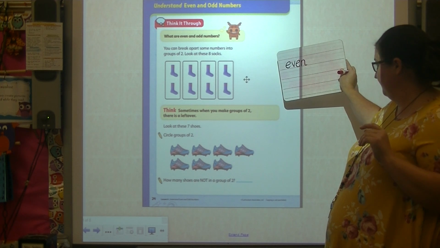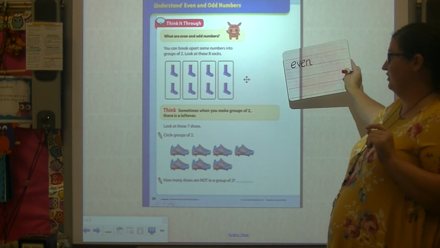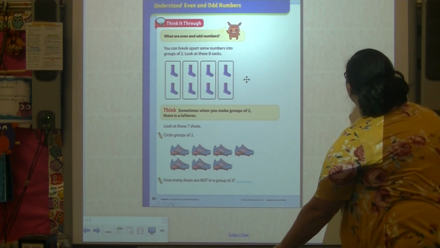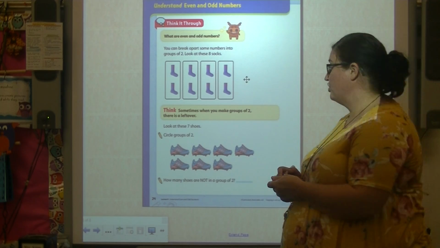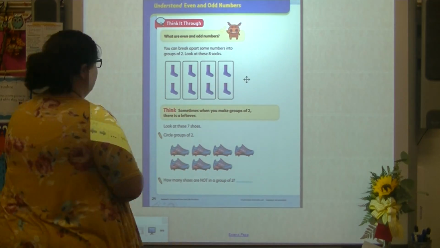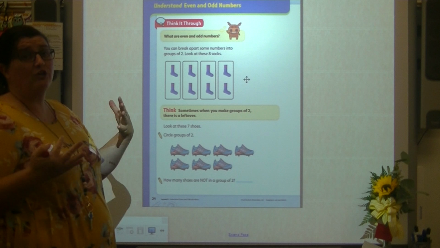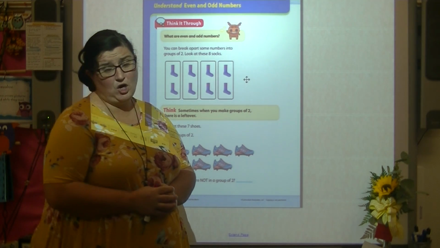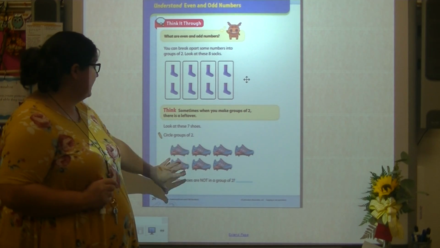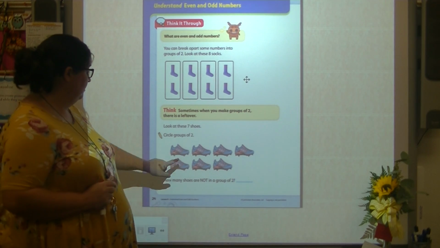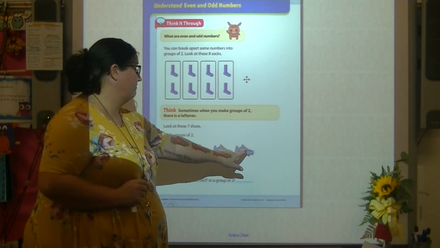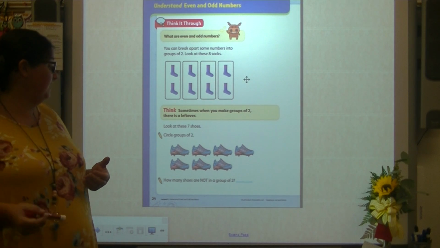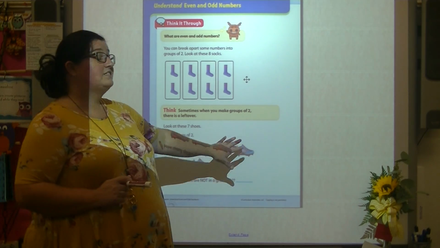Now, let's look here. Make groups of twos or pairs, not everyone will have a partner. So let's count how many shoes. 1, 2, 3, 4, 5, 6, 7. How many altogether? There are 7 shoes.